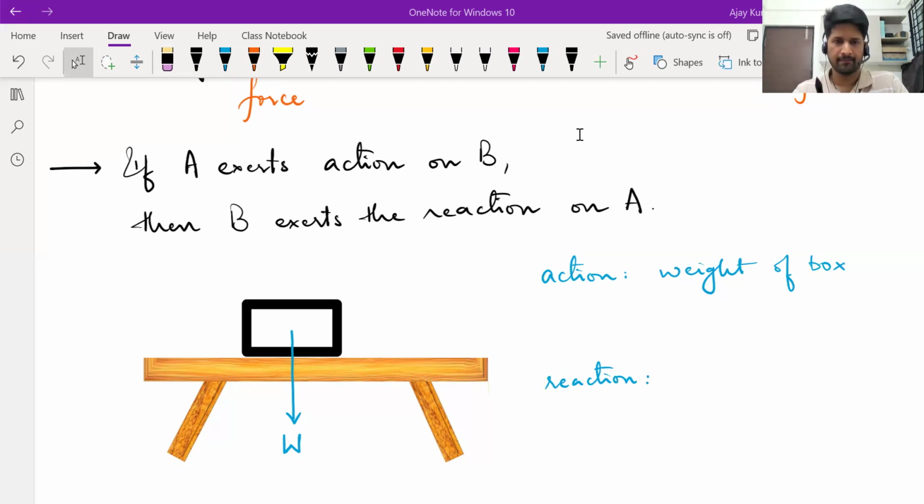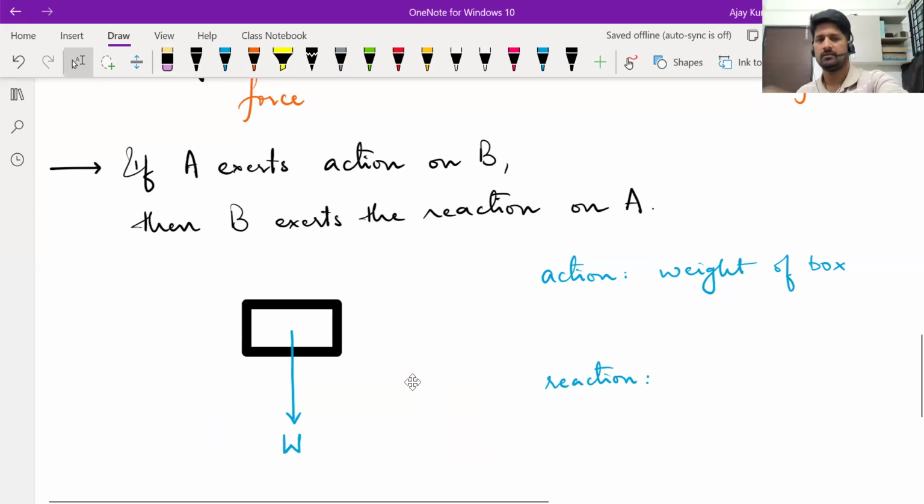Sir, normal only. Okay, fine. Which object exerts normal force on the block? What exerts normal force on the block? Table, sir. Table.